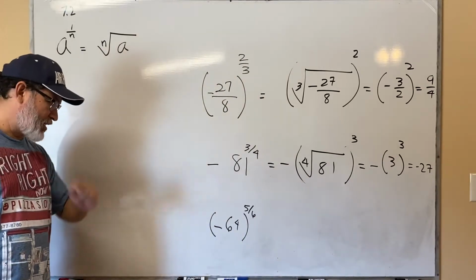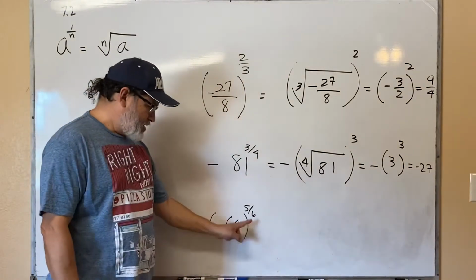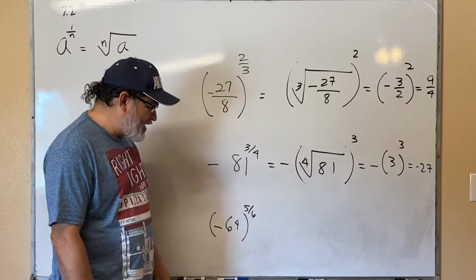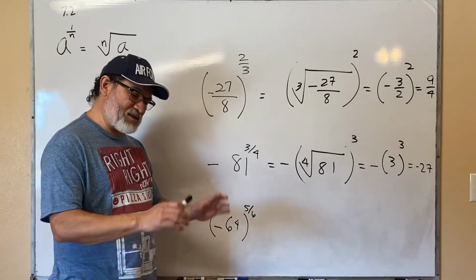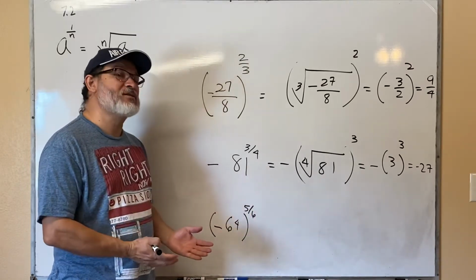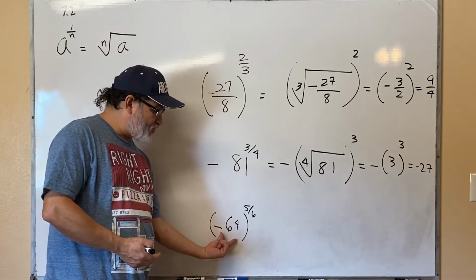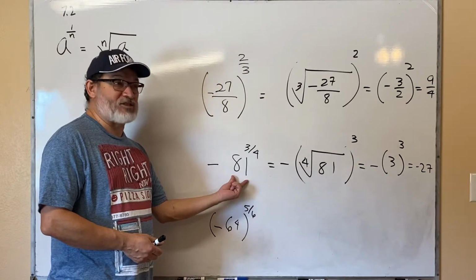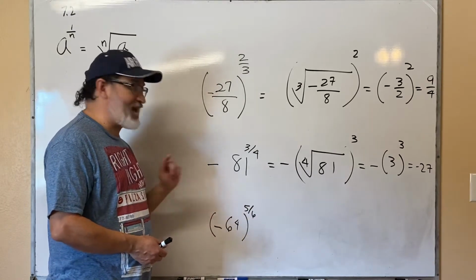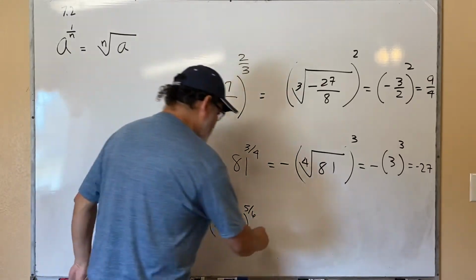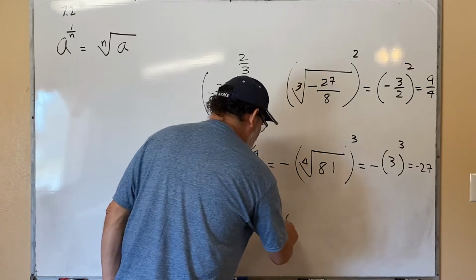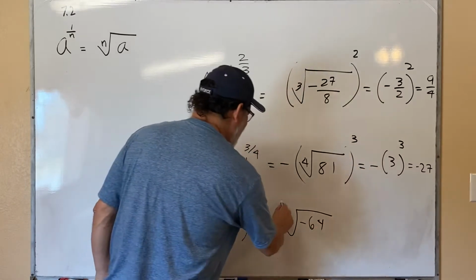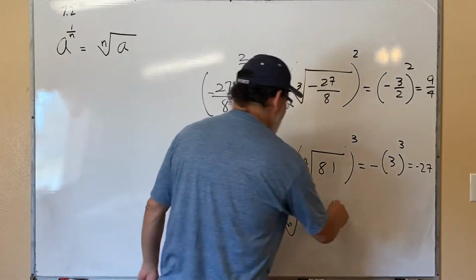How about this one? Listen to me. This power is applied to negative 64 because negative 64 is within parentheses. So here, negative 64 is the radicand, and there 81 is the radicand, not the negative. So this equals the 6th root of negative 64, raised to the 5th power.